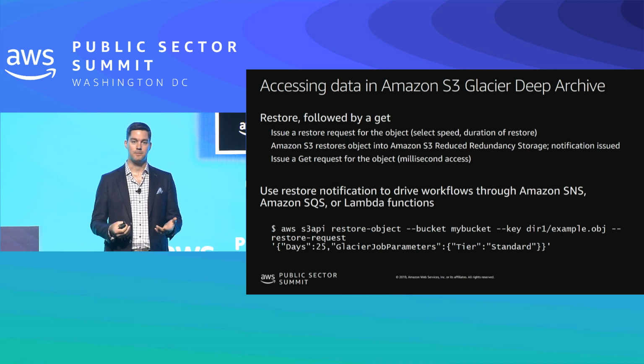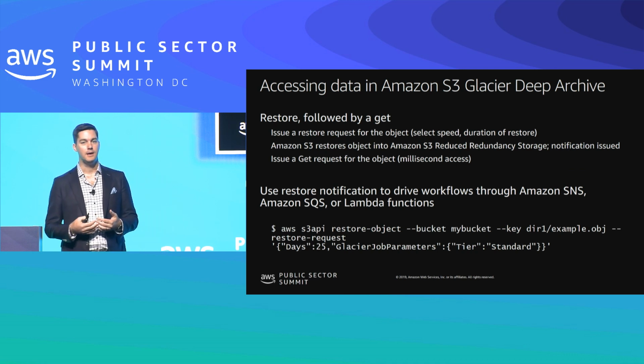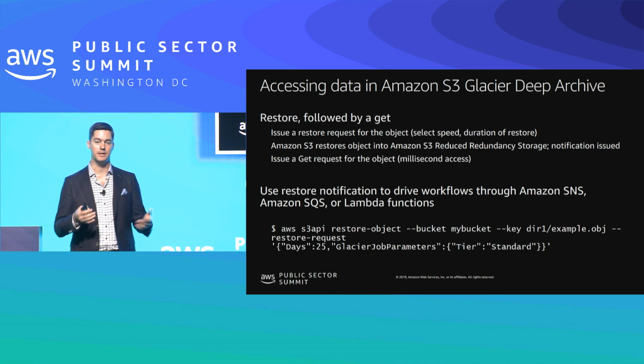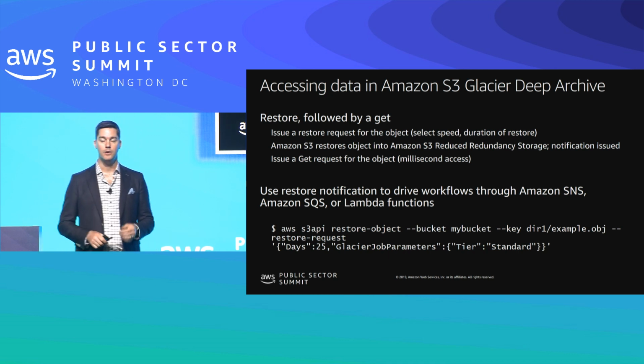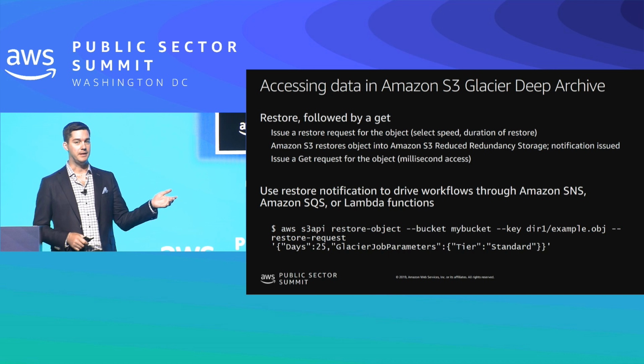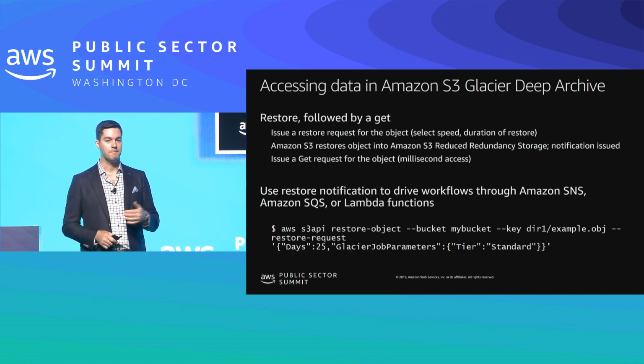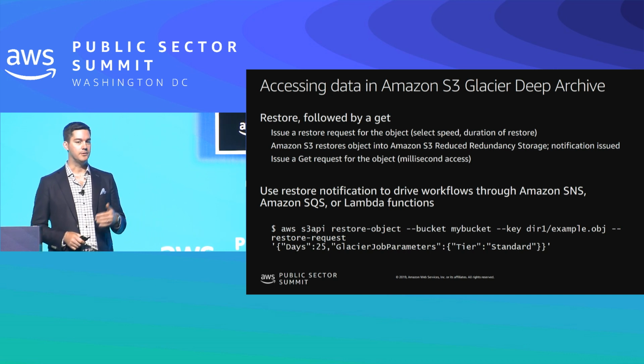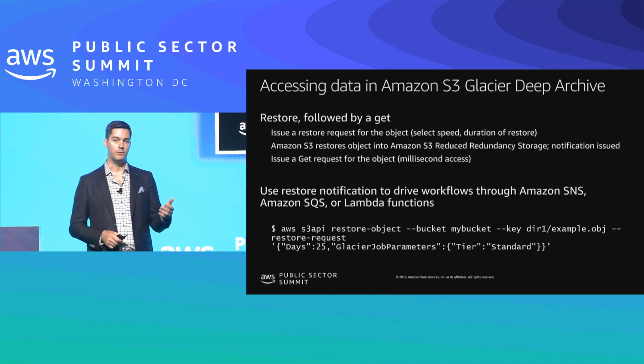Now, once the data's in, it's important to come back to how to get access to the data. And this is where the archive or the asynchronous storage classes, the infrequent access S3 storage classes are a few of the labels that you'll hear thrown around, really differ from the frequent and the infrequent access. And that is, unlike in S3 Standard or Standard-IA, a get will fail.